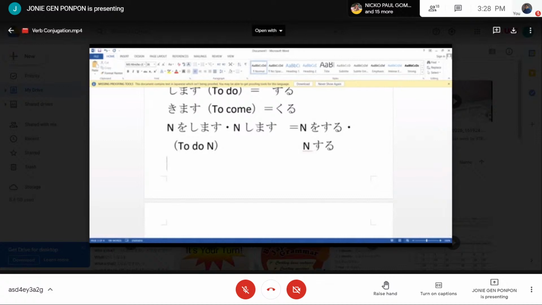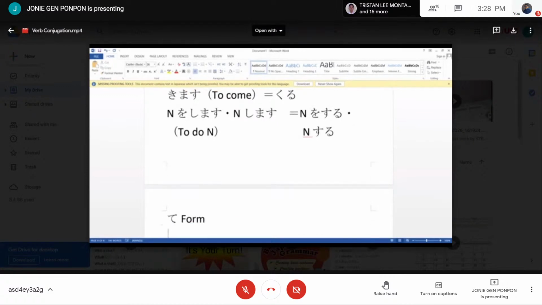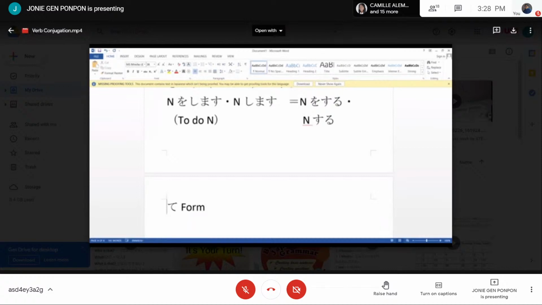Now, let's go to the te form of a Nihongo verb. You should first classify the verb's group, of course. Again, it's very important that you know how to classify verbs.